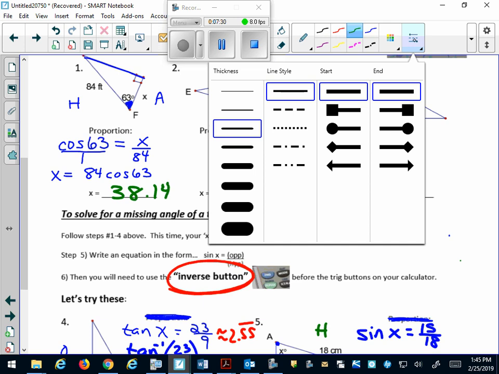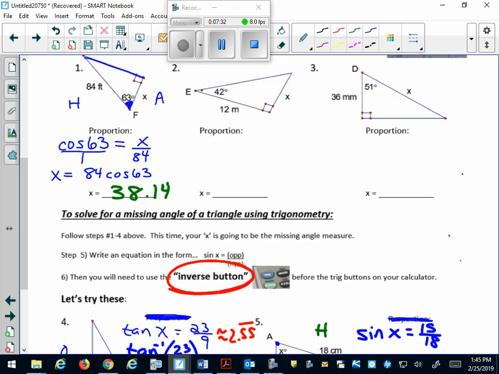This triangle, our reference angle is 42. Is 12 O, A, or H? A. Adjacent to 42, but not the hypotenuse, right? Okay, X is O, A, or H? O. So are we going to use sine, cosine, or tangent? Tangent. So we're going to write tan of 42 over 1 equals opposite over adjacent, X over 12.